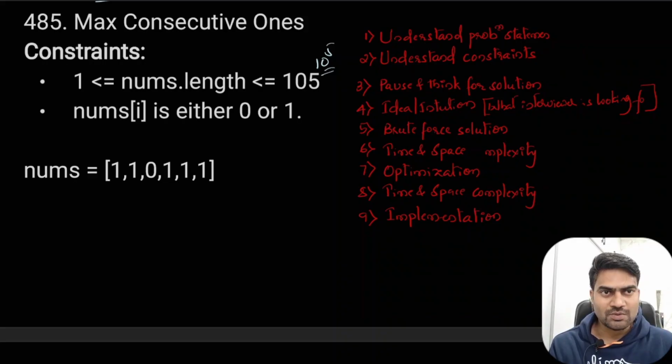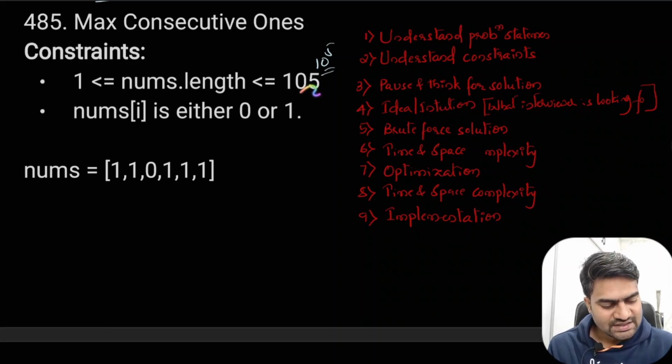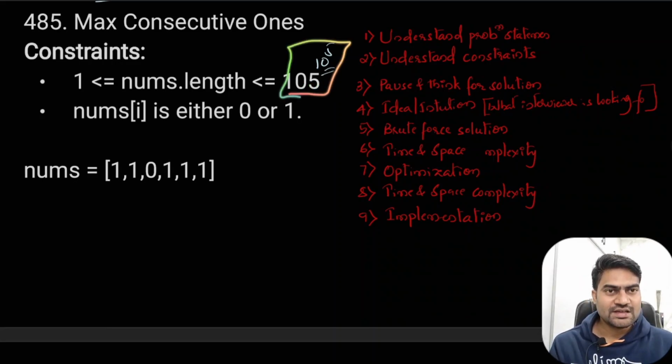Now let us try to understand the intuition, or what the interviewer is trying to understand by giving this problem to you. This problem can be solved in different ways. Since the maximum length of this array is 10 raised to 5, it is a little bit huge, right?